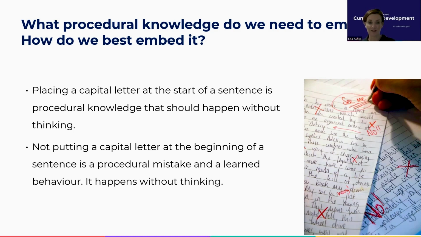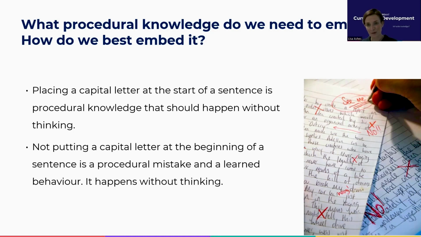Not putting a capital letter at the beginning of a sentence is also procedural. It's a procedural mistake. It's a learned behavior. And so that's why we often end up circling capital letters and full stops as a mistake regularly. What we need to consider is how we will allow them to practice so that it becomes procedural again.